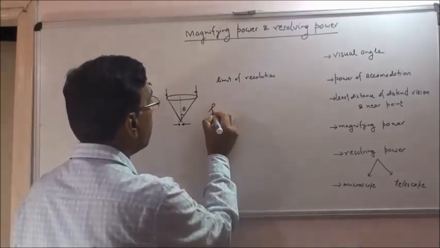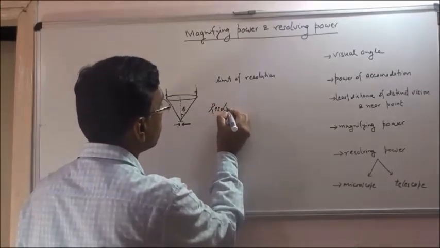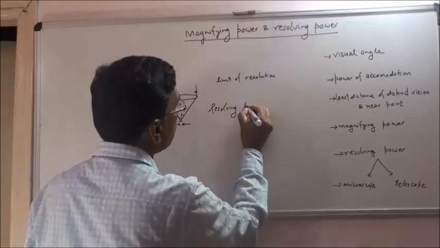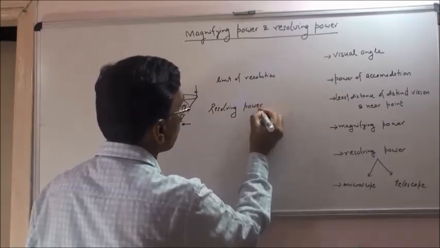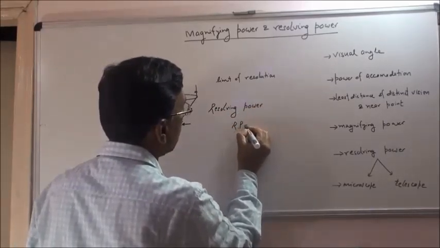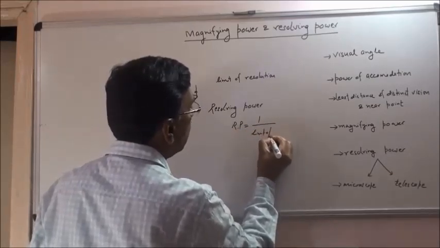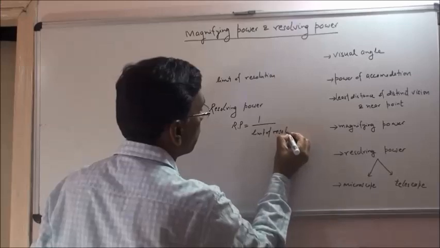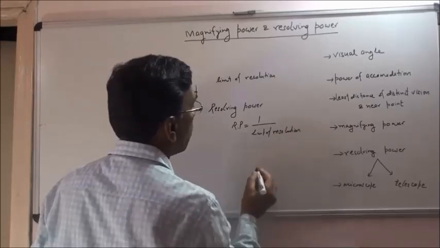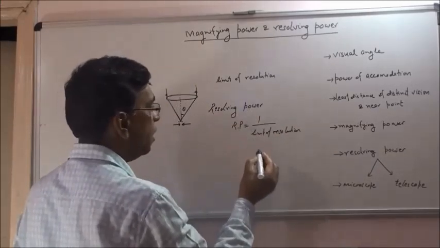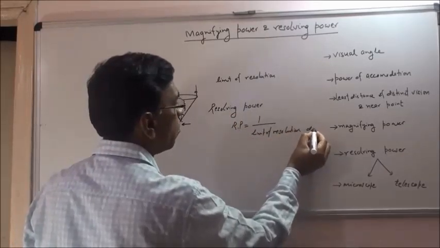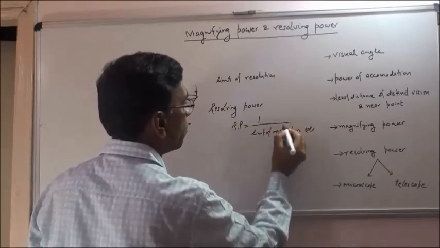And resolving power is the reciprocal of the limit of resolution. Or if I use d for it, so it is 1 by d.